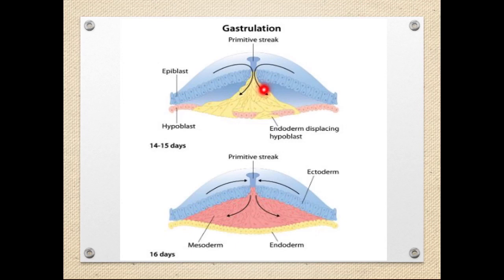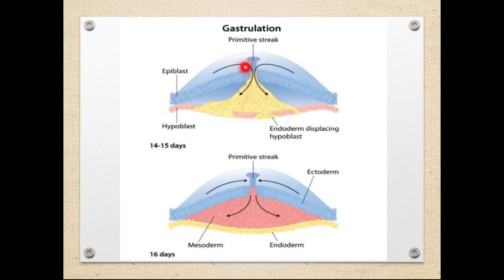What does it mean? It means a few of the cells get converted into mesenchyme. And how will it happen? These epithelial cells will lose their cell to cell adhesion, and because of that loss, they can migrate downward through the primitive streak, like this black arrow.